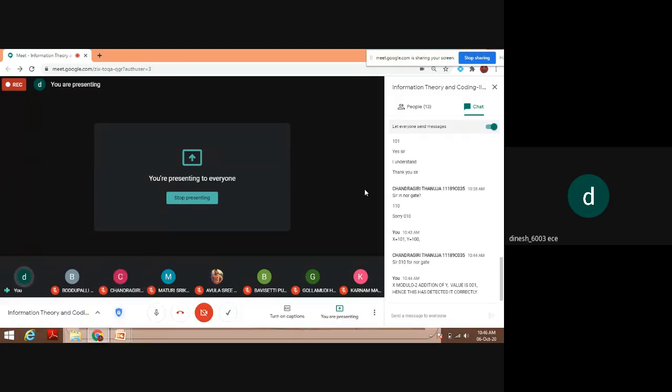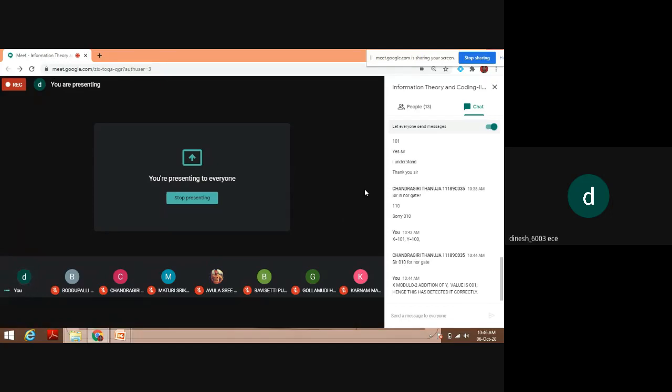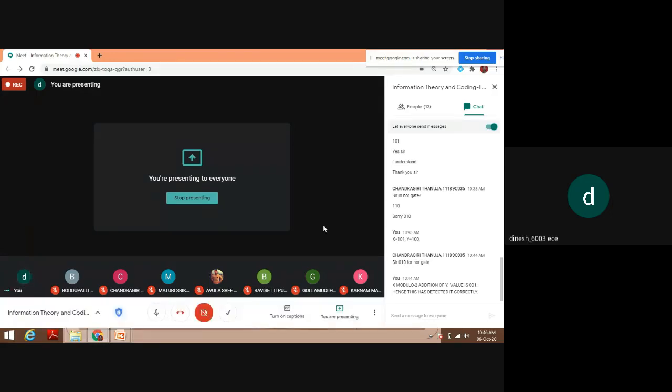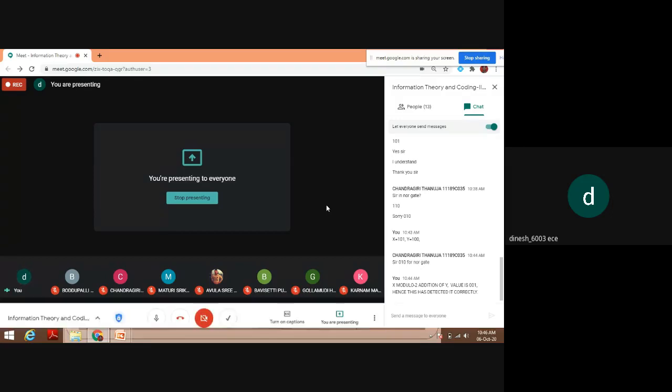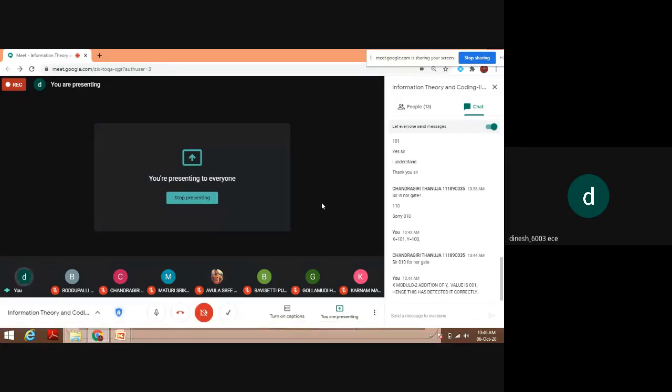For each and every message bit, solve it on paper, and after completing all the messages, write your register number and your name, scan it and put it in our class WhatsApp group. Some 10 minutes is enough, I think. So take 10 minutes, solve it and send it. Meanwhile, if there are any queries, you can type in the chat box.